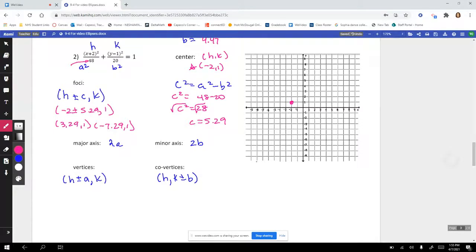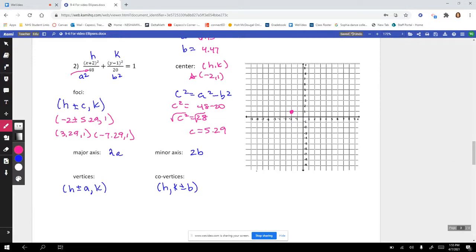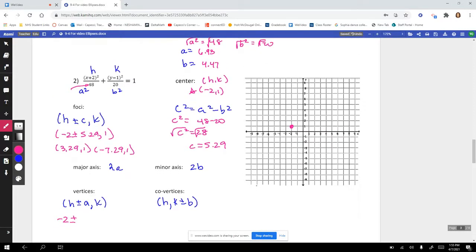Okay. This time, let's find our vertices first, and then we'll check out our major axis and our minor axis. Okay. So we have h, which is -2, plus or minus a, which we found to be 6.93, and our k value in our center there is 1.